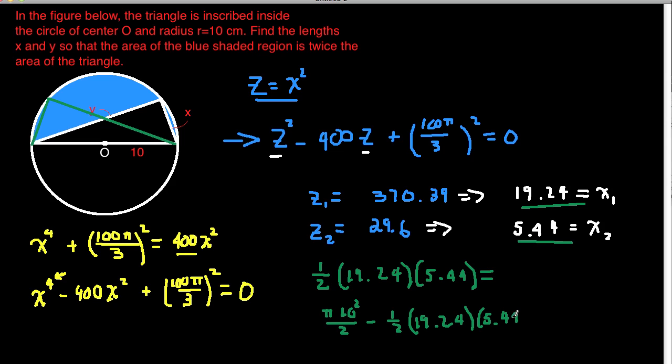So this is the area of the shaded region. And we needed to find a solution such that the area of the shaded region was twice the area of the triangle. So, in fact, does twice the area of the triangle, which is 19.24 times 5.44, match? Now it's up to you. Plug this into your calculator, check it, see what you get.